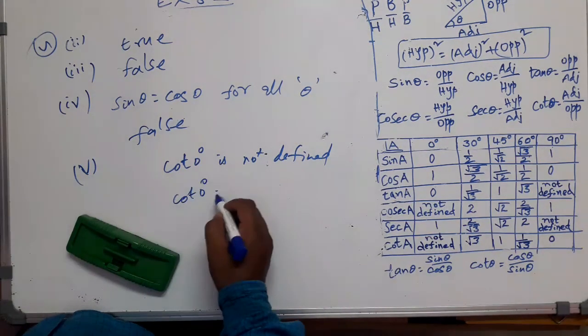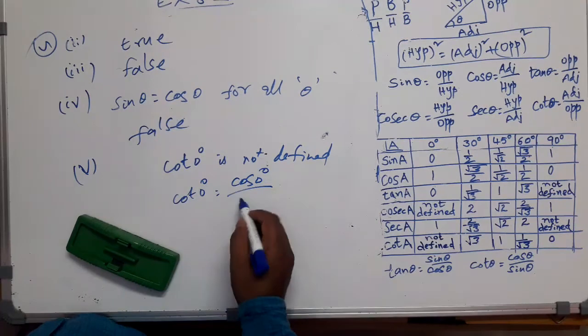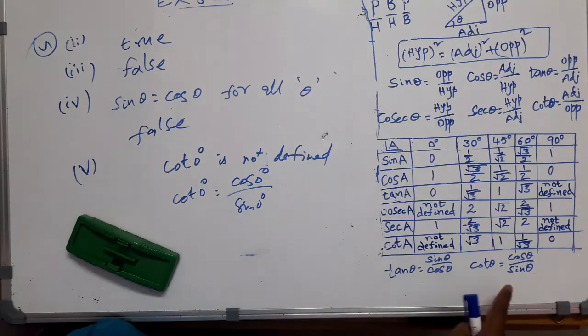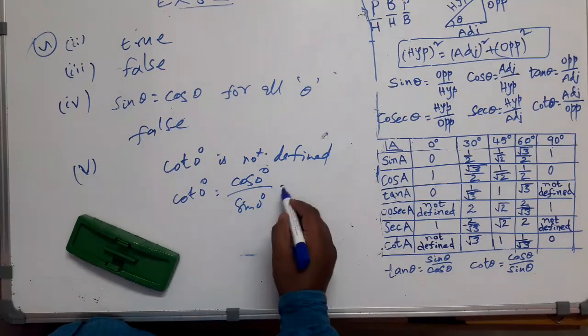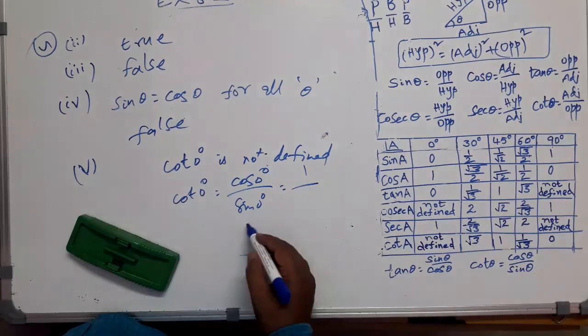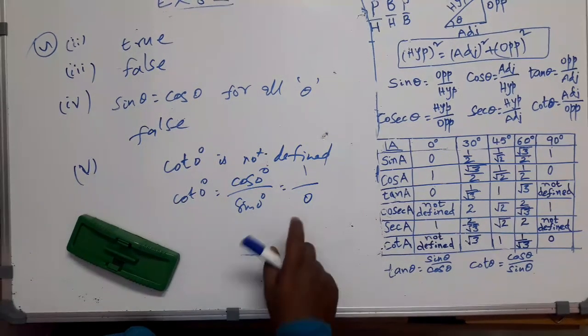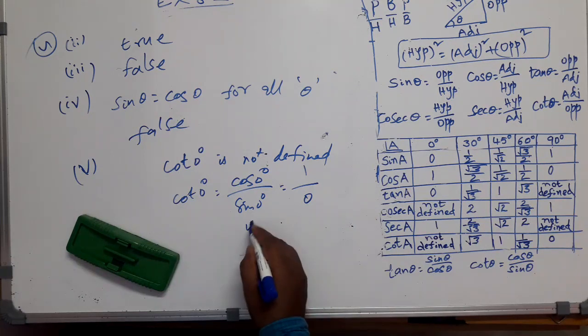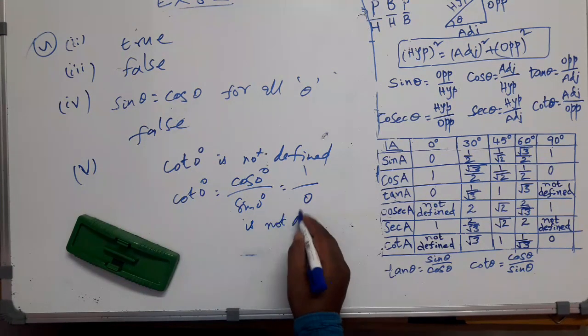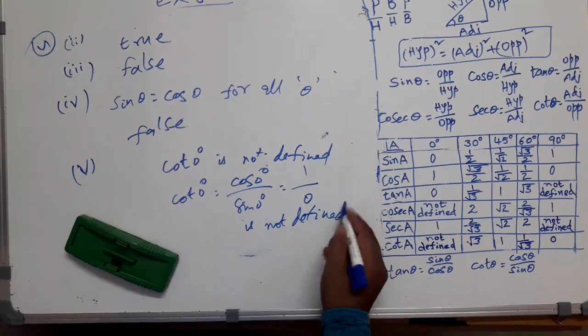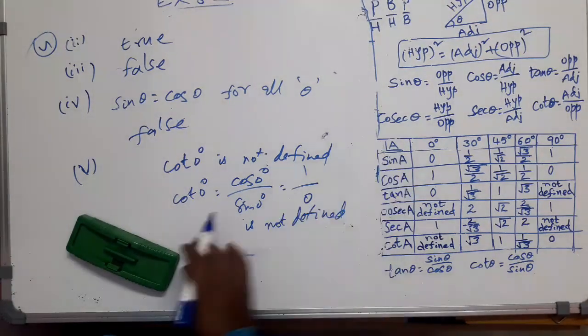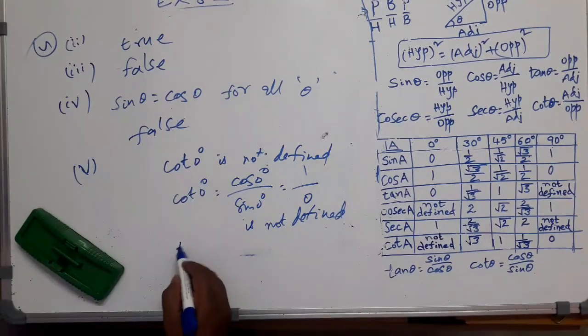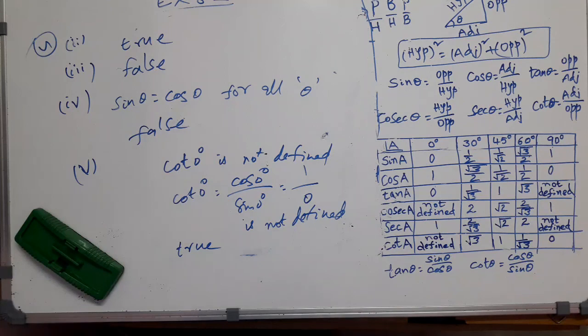Cot is cos by sin, right? Cos 0 degrees we have remembered as 1, sin 0 degrees is 0, denominator is 0. So this is not defined, right? So whatever he has said is correct. So your answer is true.